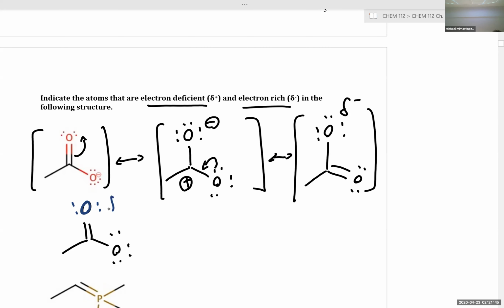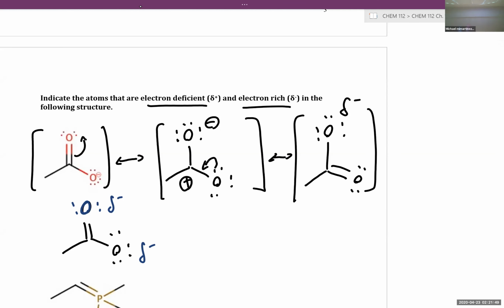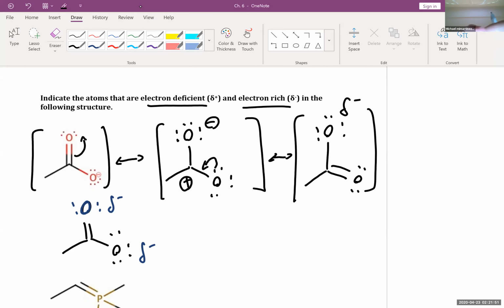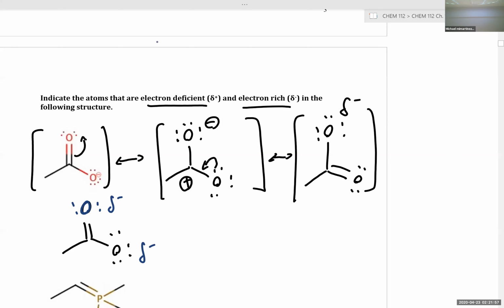The oxygens, exactly right. Okay, what other sites are nucleophilic? Actually, we finished all of our nucleophilic sites. What site is electron deficient? What site is electron poor? The carbon, yep, exactly right. Perfect, so we've identified our electron deficient and our electron rich sites.